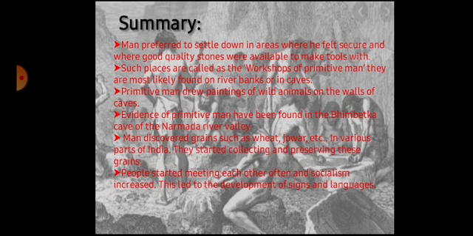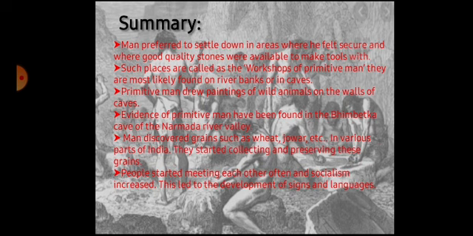Man preferred to settle down in areas where he felt secure and where good quality stones were available to make tools with. Such places are called the workshops of primitive man.